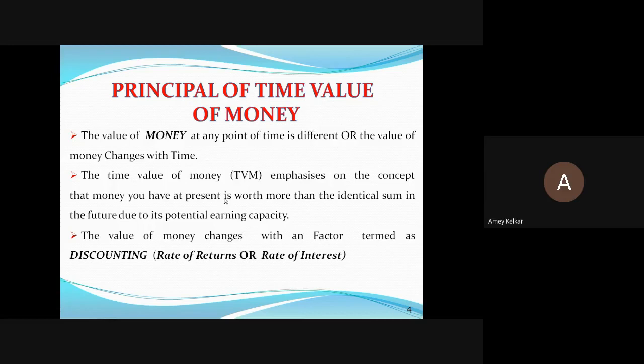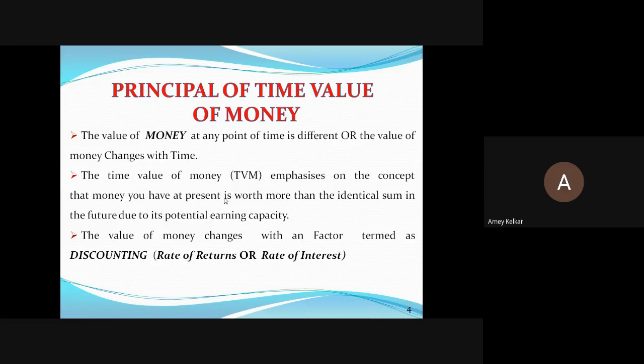But in financial terms, you are at a loss, because if you had kept that 10,000 in a bank instead of at home, even though the rate of interest has come down, the money would still have grown.